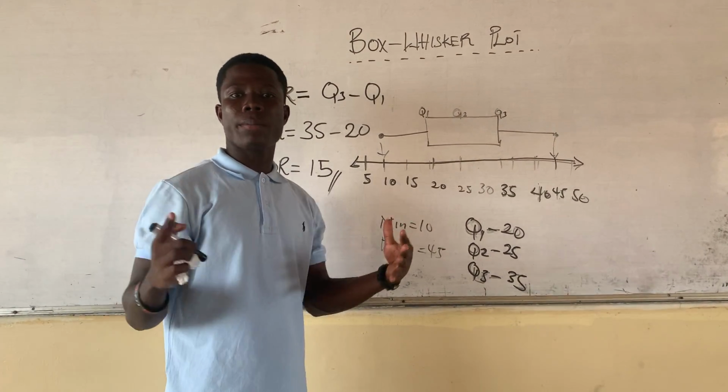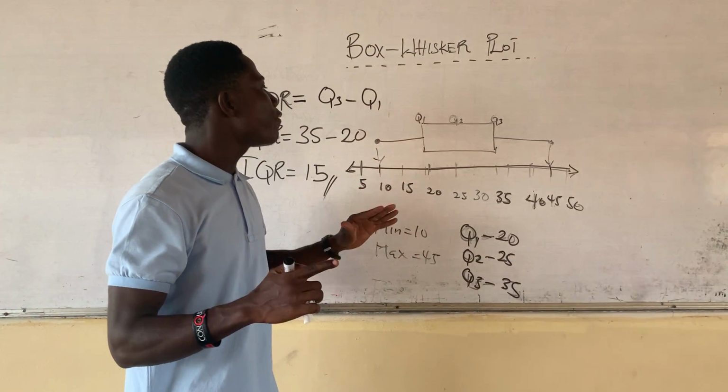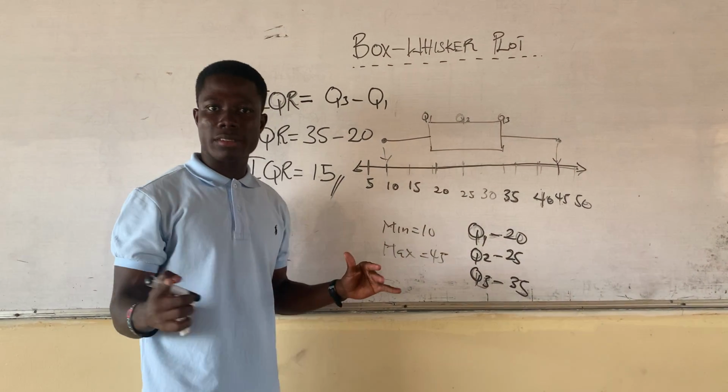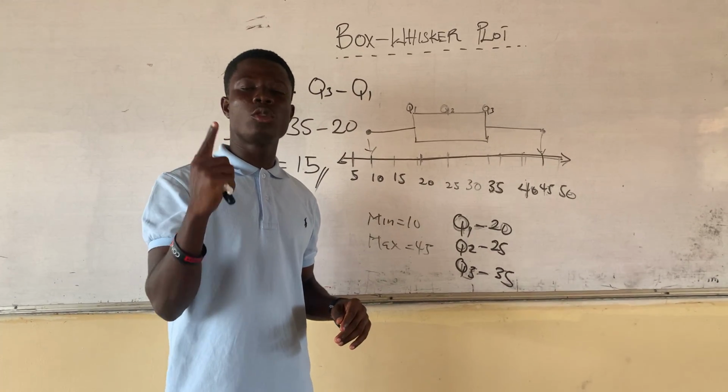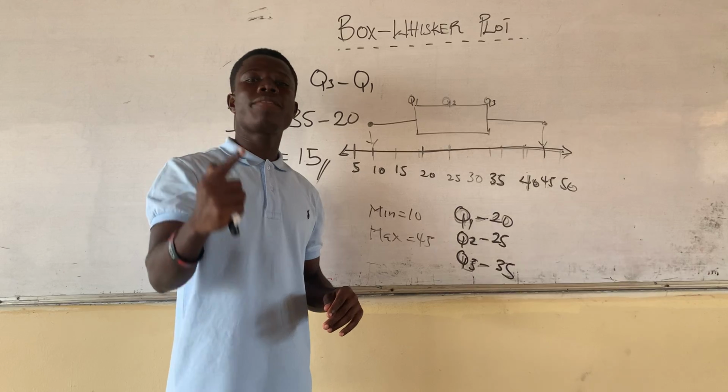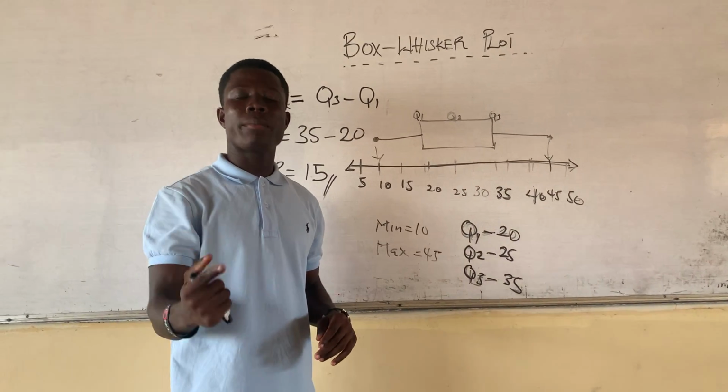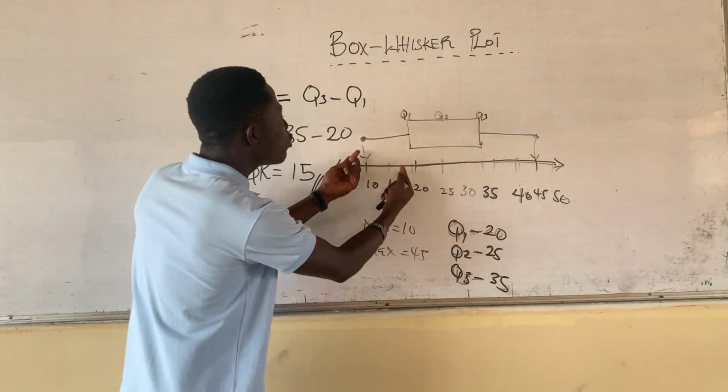Please, I'm wrapping up. In any given situation where we've been asked to identify our minimum and maximum number, we identify them through the whiskers.